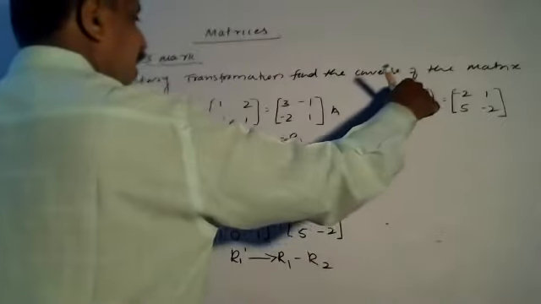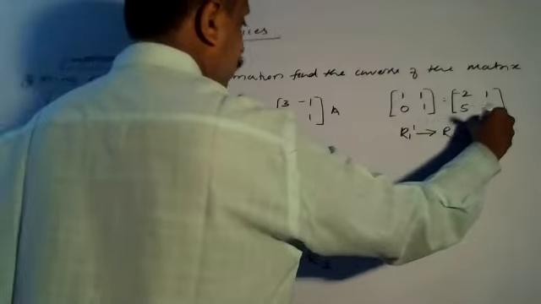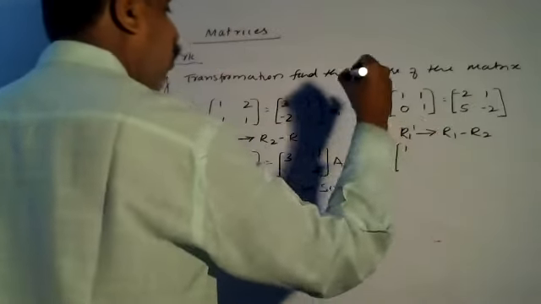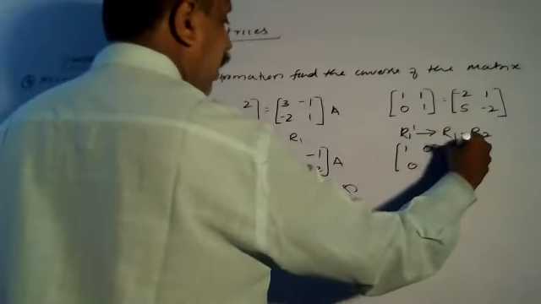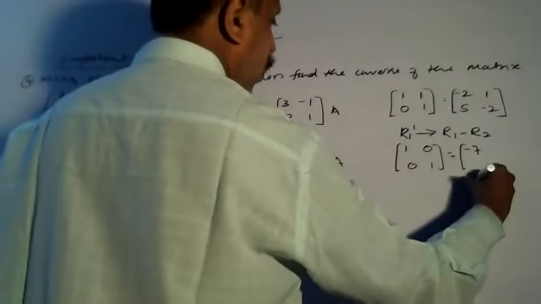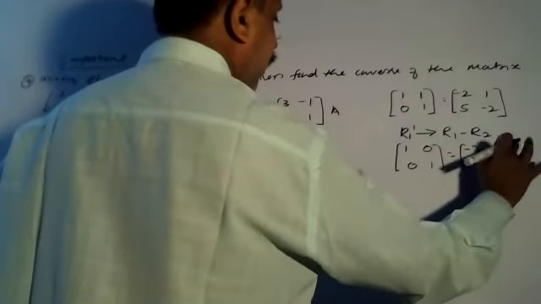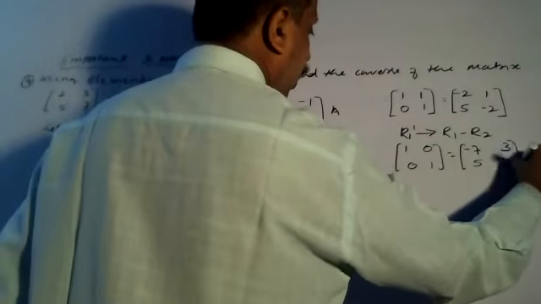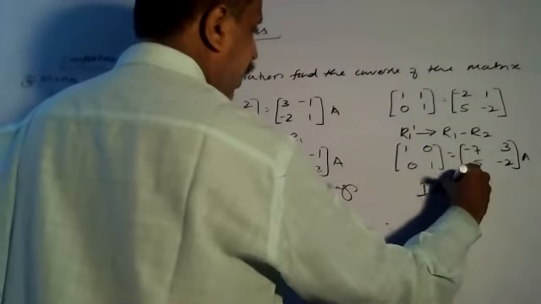Now I want to make this 0, R1 dash changes to R1 minus R2. So, 1 minus 0, 1. 1 minus 1, 0. 0, 1. Here, minus 2, minus 5, minus 7. 1 minus of minus 2 is plus 3, 5, and 5 minus 2 into A. This is I. A will come this side, A inverse.